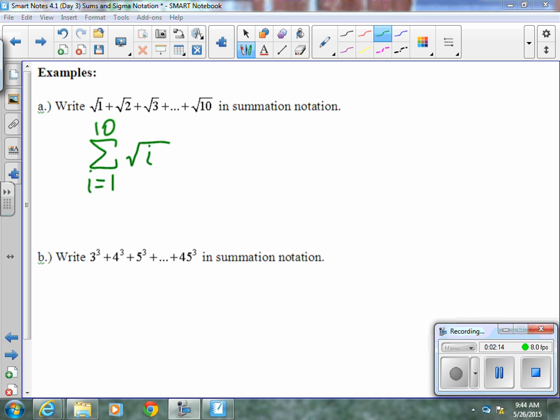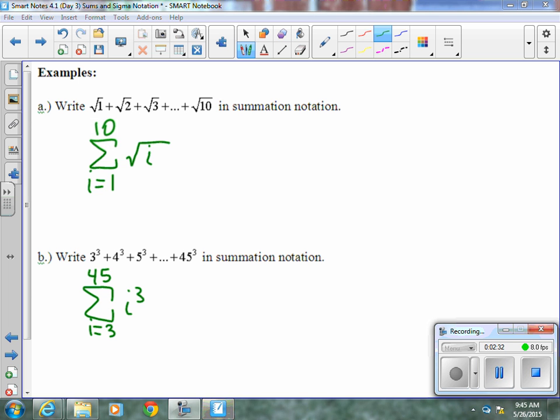Now that you've paused the video and tried B, if you haven't, pause it, try it. Make sure you're applying your brain to these videos so you learn things, not just watching them and not thinking about anything. This would be the sigma notation from 3 to 45 of i cubed.